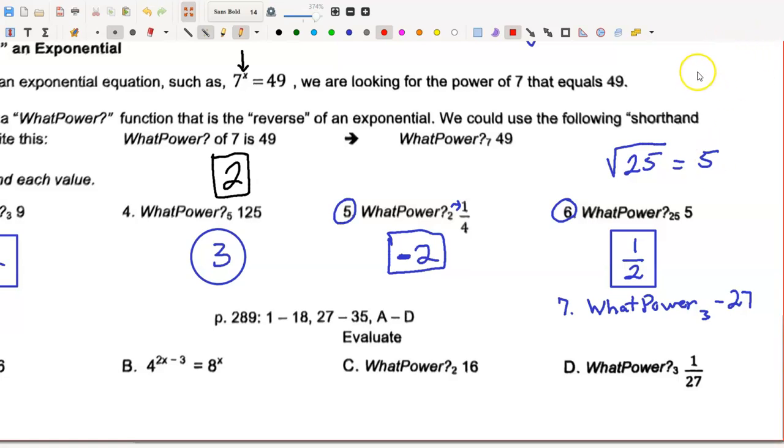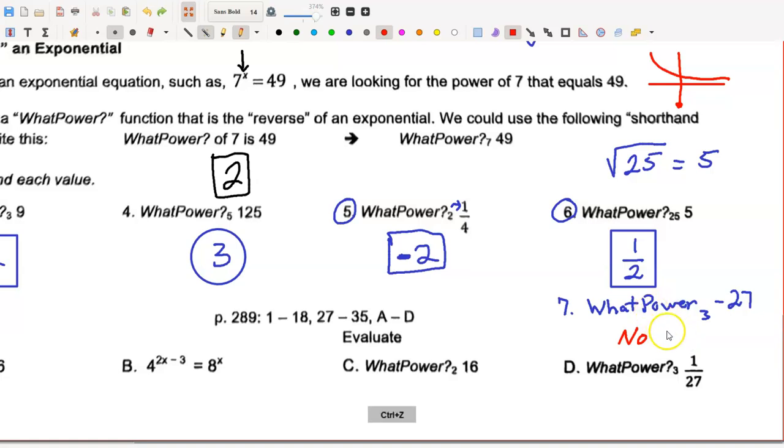All right, so you remember, if you look at your homework, what about those graphs that you did? Where do the graphs of all those problems live? Positive, right? Negative 27 is way down here. So there's no way to raise a positive number to any power and get a negative answer. So this has no solution.